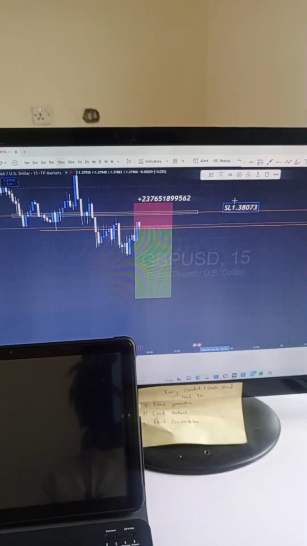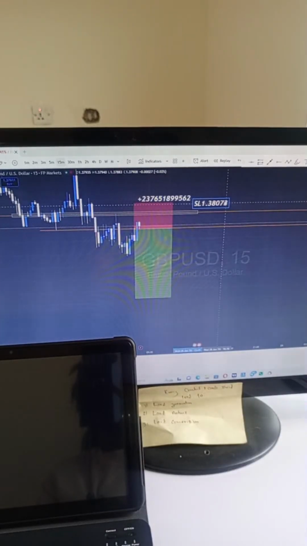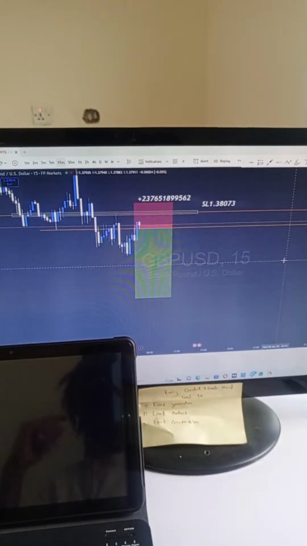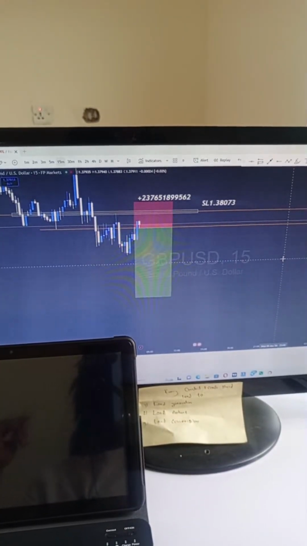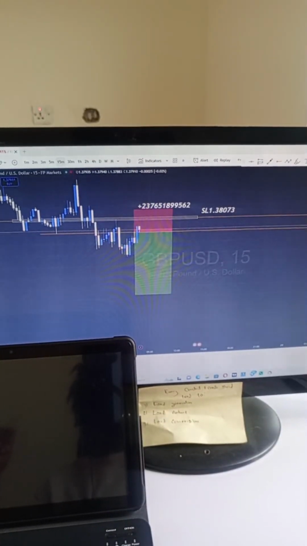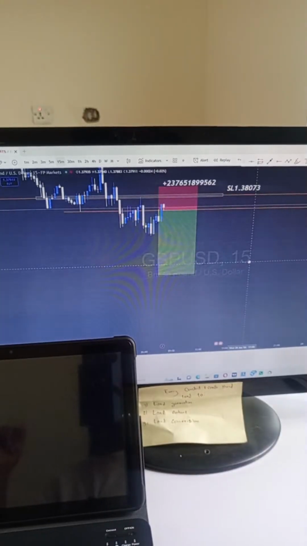Let me make it... I think it will be cool if we make it right. It's okay, let's just leave it the way it is. For the TP, I don't always give tips. You manage your trade. If you're risking $10 and you see yourself making $20, what does that tell you? You're up 1:2.